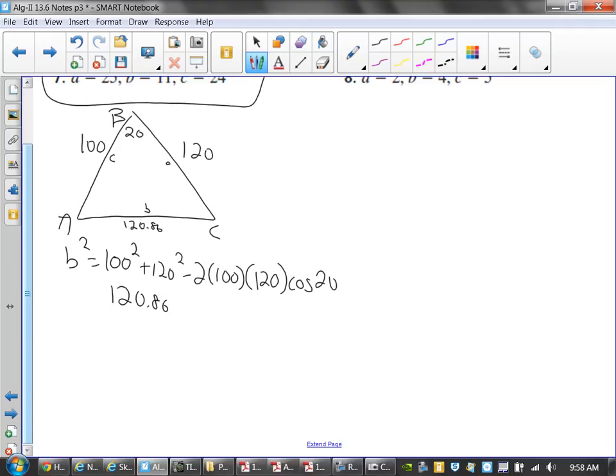Check it. How am I typing this in wrong? Do you have it on radian or degree? 100 squared plus 120 squared minus 2 times 100 times 120 cosine 20.